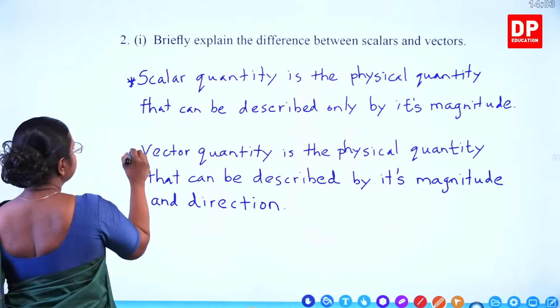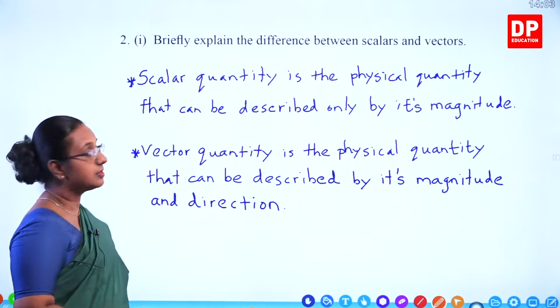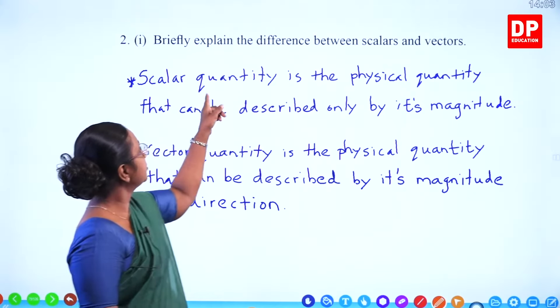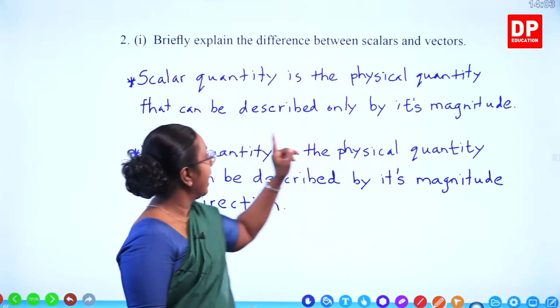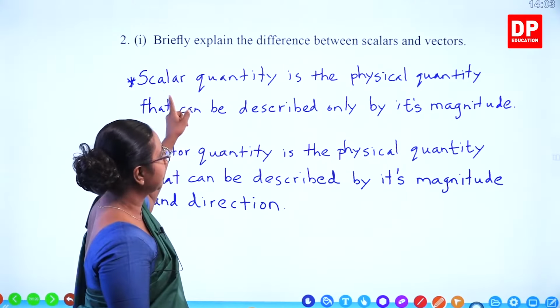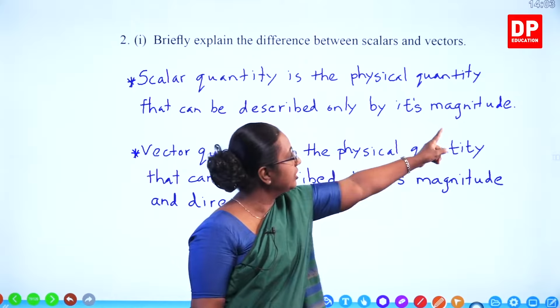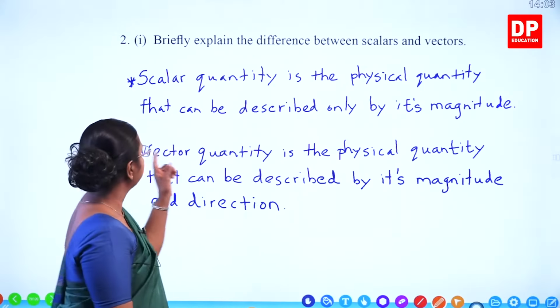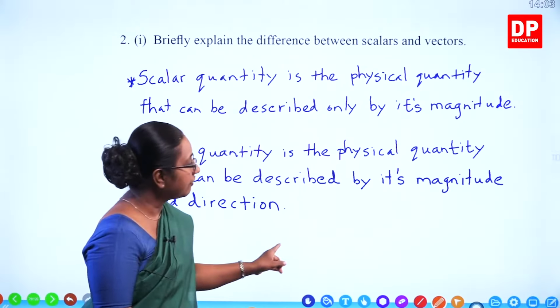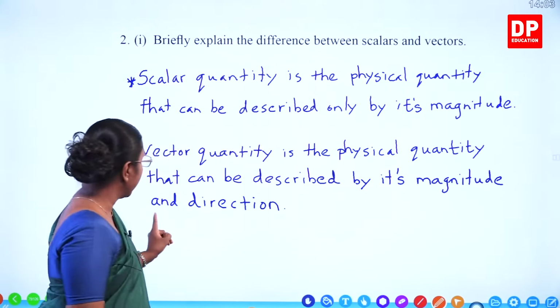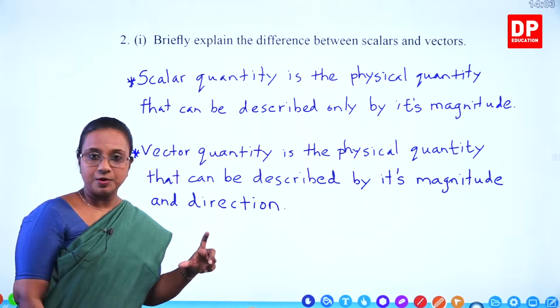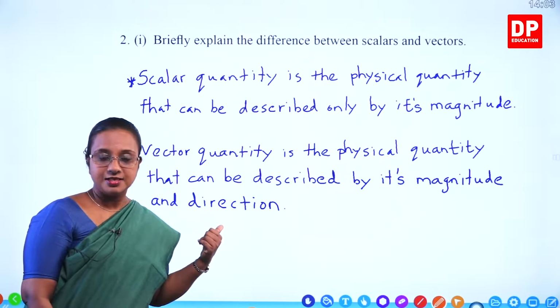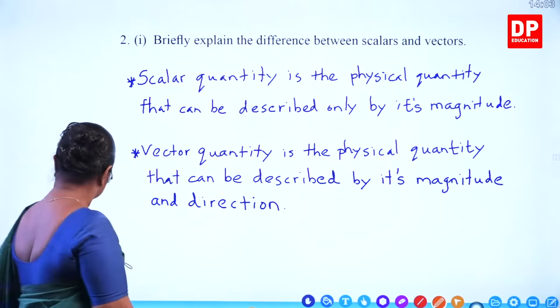So for scalars and vectors, for both you have to say that they are physical quantities, and for a scalar quantity you have to say only by its magnitude, and for a vector quantity you have to say magnitude and direction. If you remember those important points, then you can answer these questions easily.